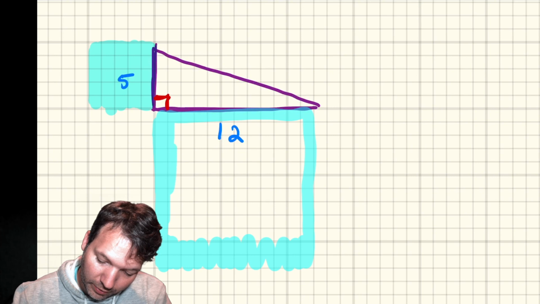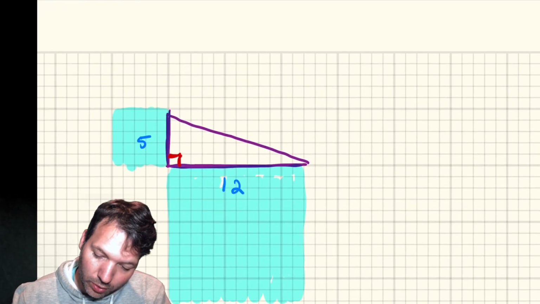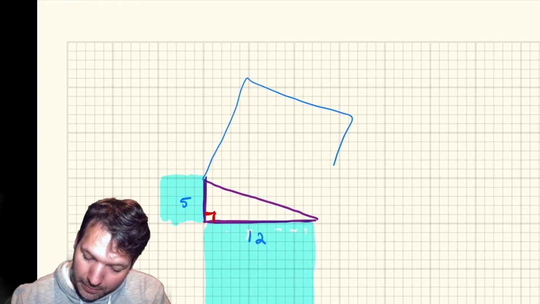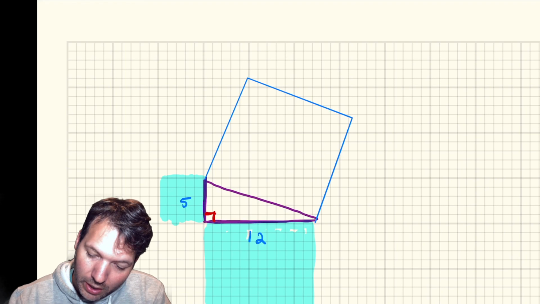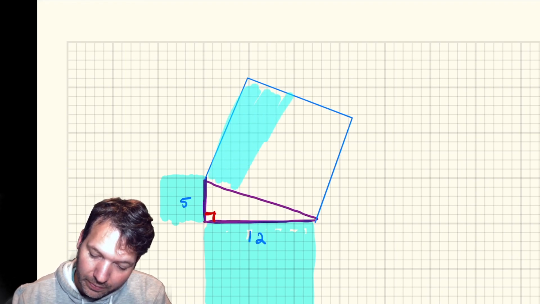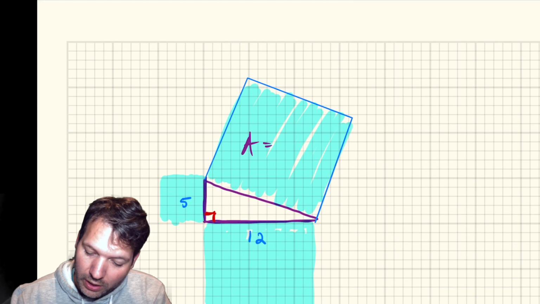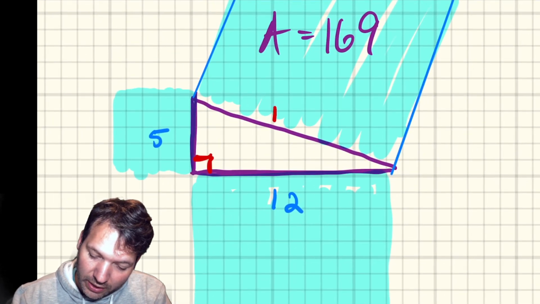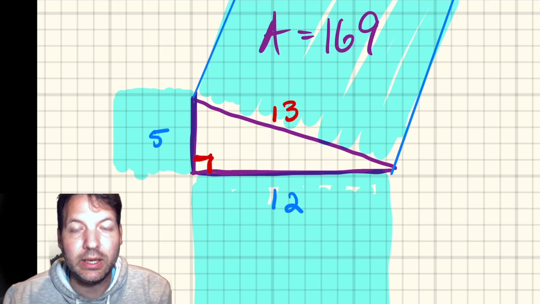all the way over. And then you were to draw a square, right? That's pretty good. And you were to measure the area of this object, you would find that it has an area of 169, which is another way of saying that its side length is 13.